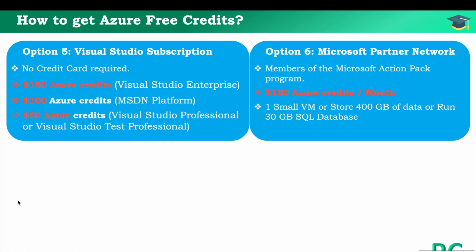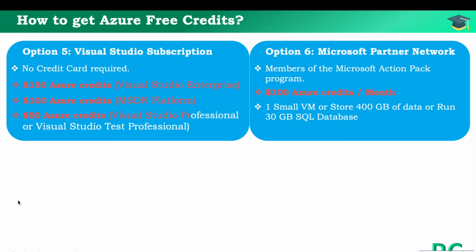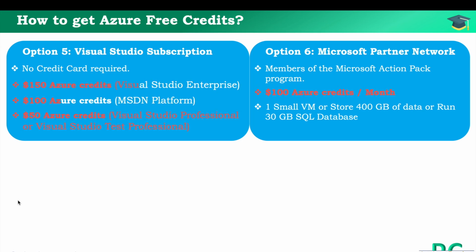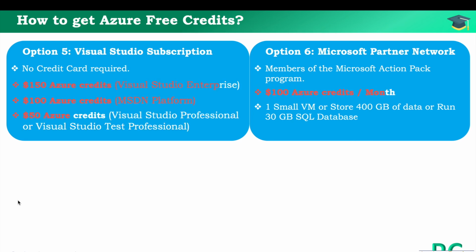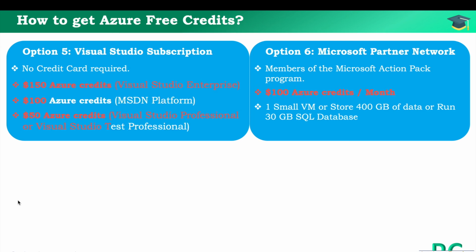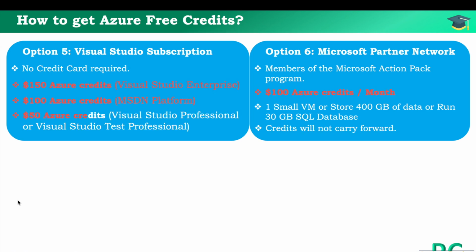You cannot carry it forward. You will get credit to run one small virtual machine throughout the month, or you can store 400 GB of data, or you can run 30 GB of SQL database throughout the month. And please remember, these credits will not carry forward to the next month.